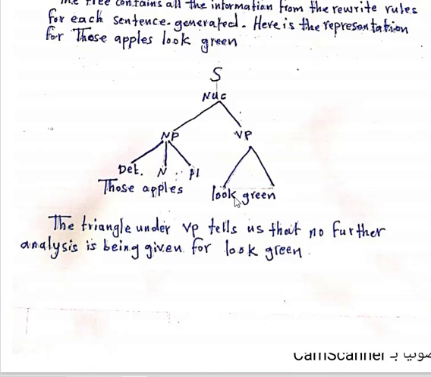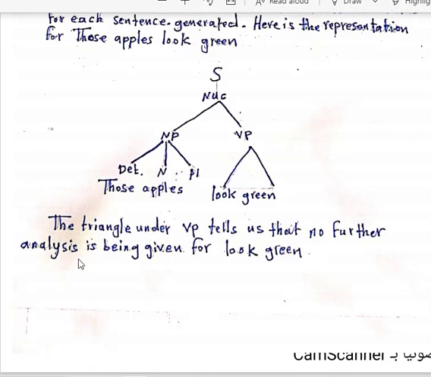Look green, verb phrase. The triangle under verb phrase tells us that no further analysis is being given. There is no analysis for the verb phrase in the second part of our sentence: just look green. Those apples look green.